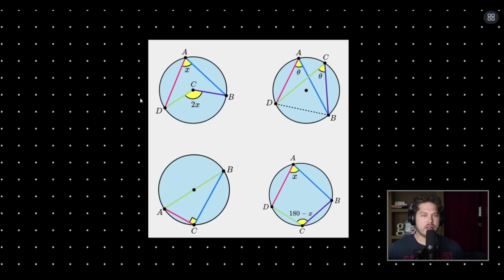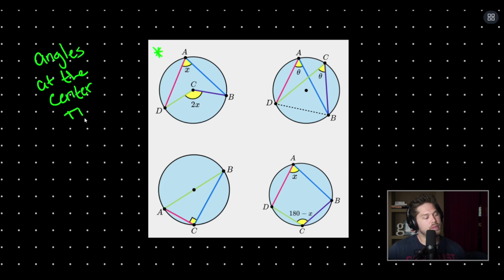Okay? As a quick recap, these were our 4 relationships we just talked about. We talked about, most importantly, this first one, and this is the angles at the center theorem.